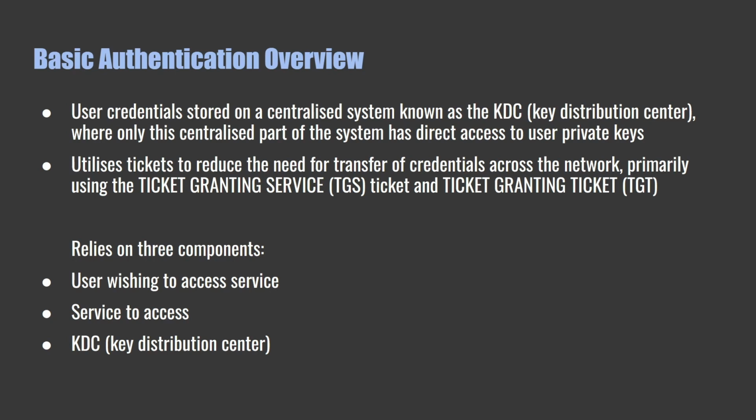At a very simple level, a ticket granting ticket request is made, a ticket granting ticket is returned, and then when you want to access something on the network, a machine, a service, whatever it may be, you will then request a ticket granting service ticket and send that to a given service. So in general, the basic authentication process relies on three key components: the user, the service which you want to access, and the KDC, the Key Distribution Center.